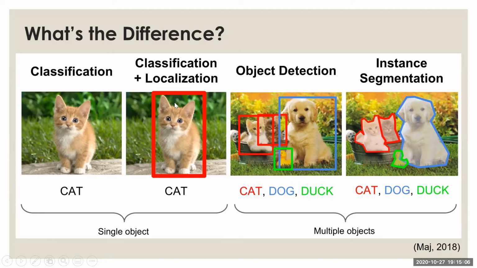So instead of the model just telling you that it's a cat, it also has to tell you the location of the cat itself, for example, drawn here by the red rectangle. That's one level above classification, and we're still playing with single objects here.